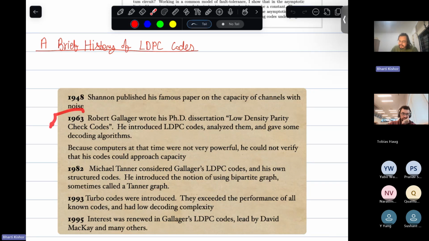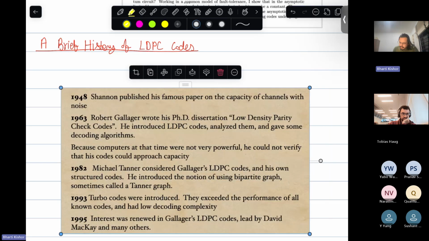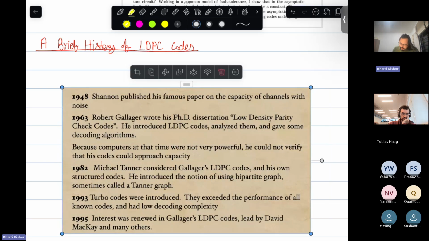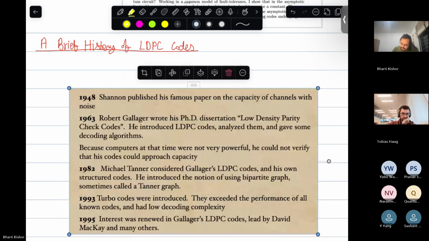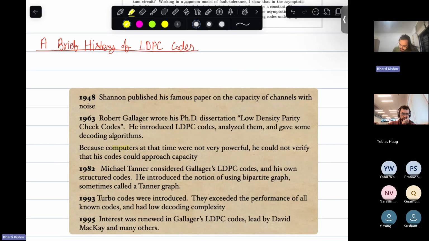He introduced LDPC codes, analyzed them, and gave some decoding algorithms. But at that time, the computers were not powerful, so he could not verify that his codes could approach capacity.